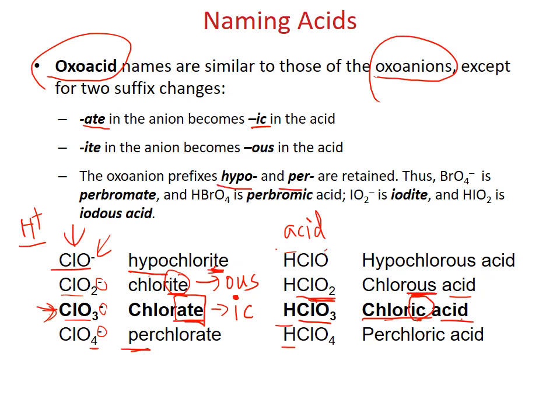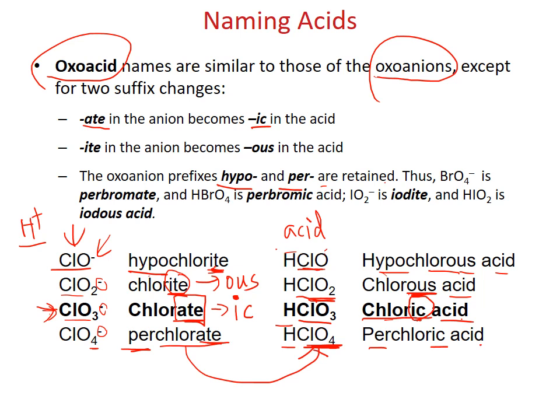Hyper and per are retained, so this one is perchlorate, and the ATE becomes ic, so perchloric acid. And this one is called hypochlorite, so it becomes hypochlorous acid.